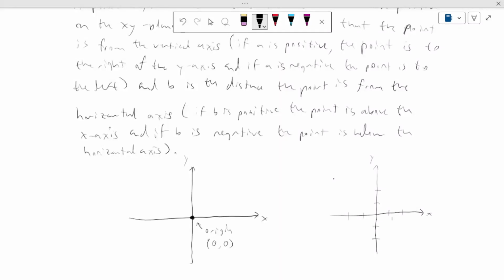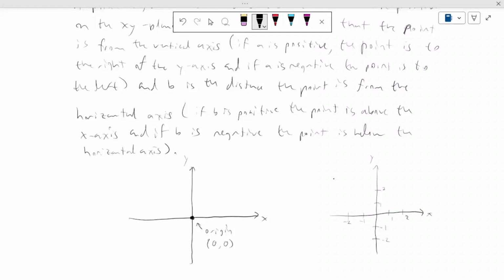This is also 1 unit away from your vertical axis, but it's to the left of it, so this must be -1, and this is -2. This is 1 unit away from your horizontal axis, 2 units away from your horizontal axis. This is also 1 unit away from your horizontal axis, but it's below it, so it's going to be -1, -2. And so we can label our axes in this way.